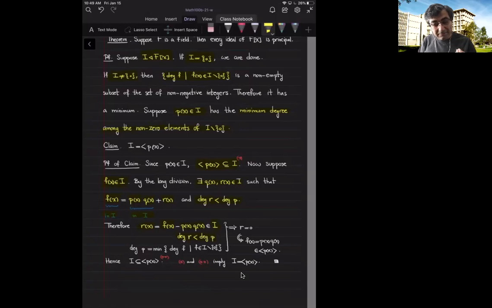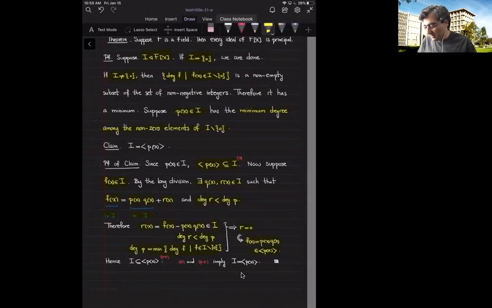But remember, the degree of p was the minimum possible degree among non-zero elements of I. So that immediately implies that r should be the zero polynomial, because if it was not zero, then we had found an even smaller degree non-zero polynomial inside I. So because it's not possible, the remainder should be zero, but that means f is indeed a multiple of p, and therefore it is in the ideal generated by p.